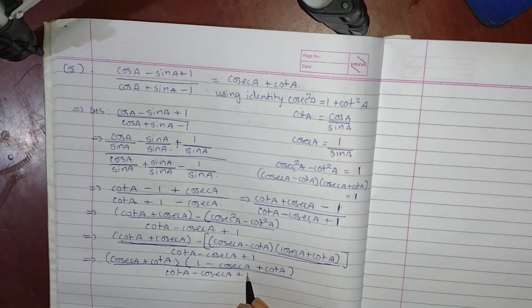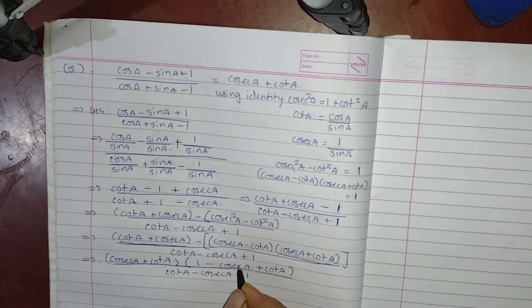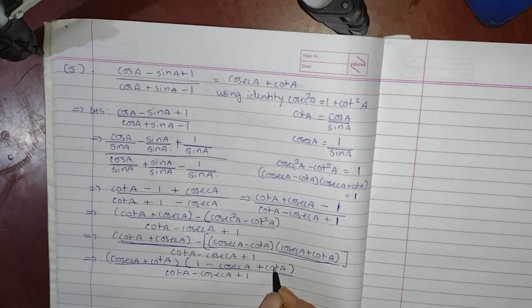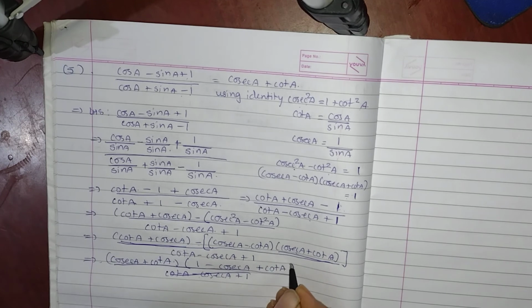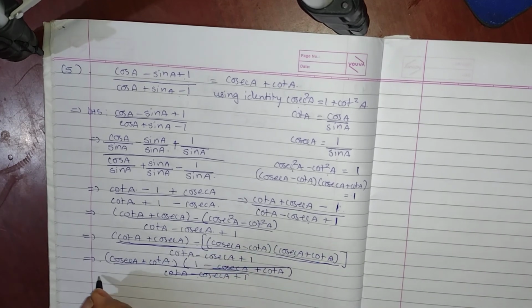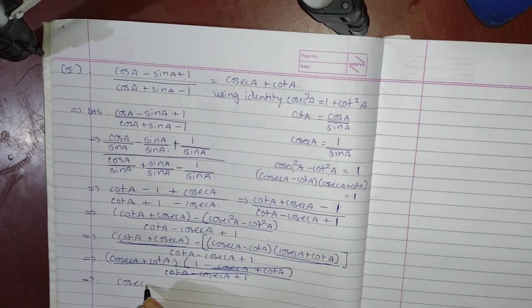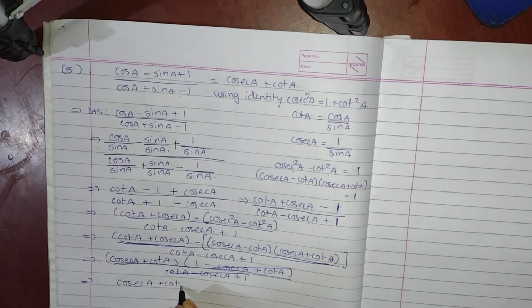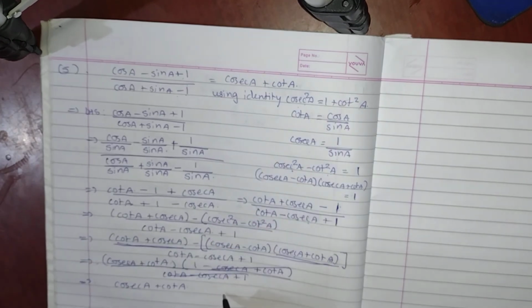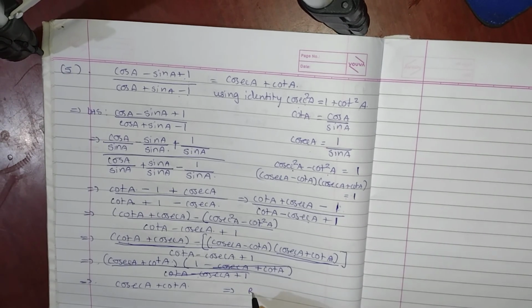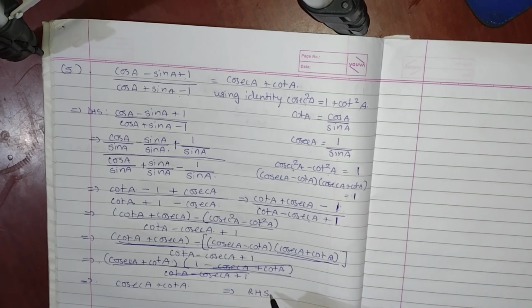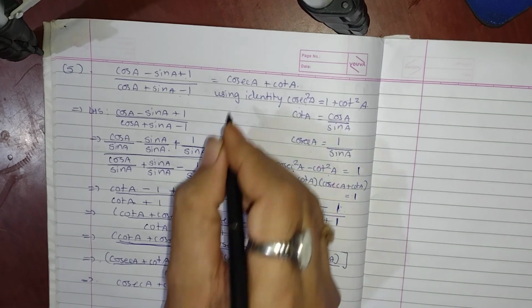Now we check: plus 1 and plus 1, cosec A minus minus cot A and cot A will cancel. So we get cosec A plus cot A, which is what we need as the RHS. That is what we had to prove, and we have proved it.